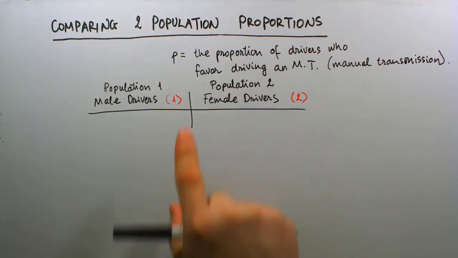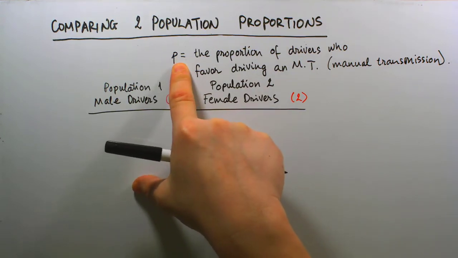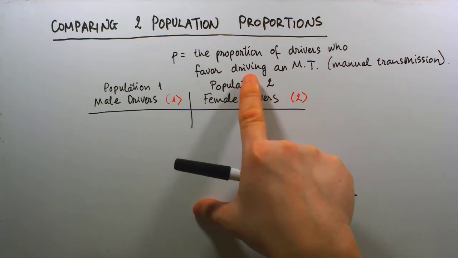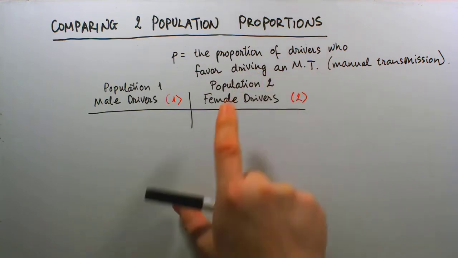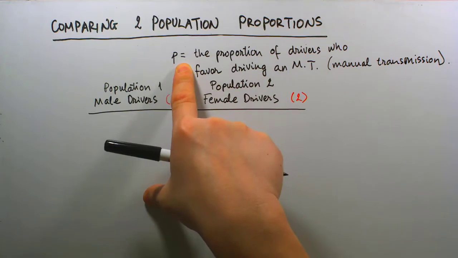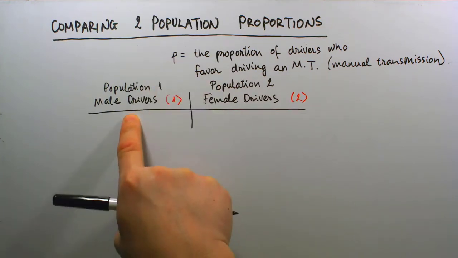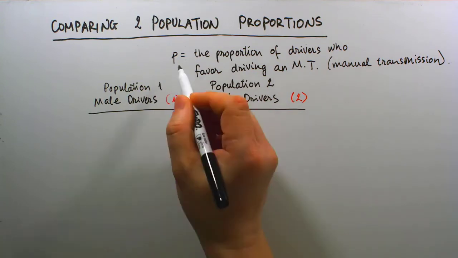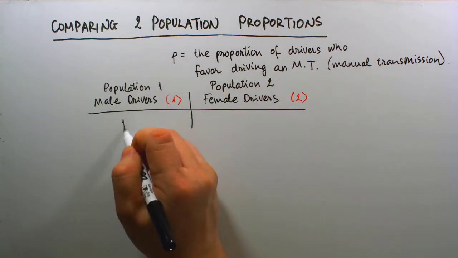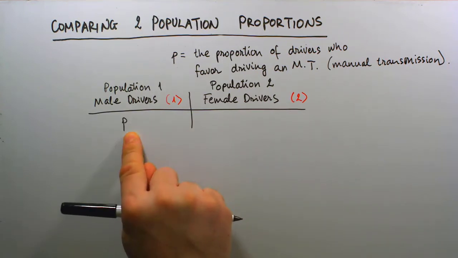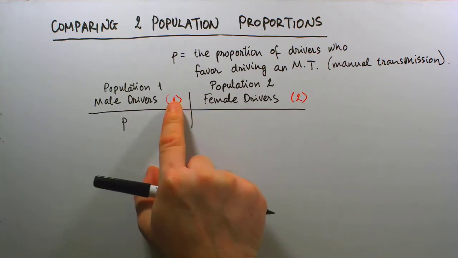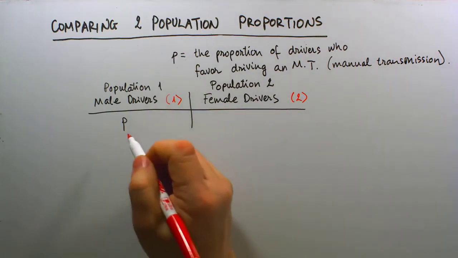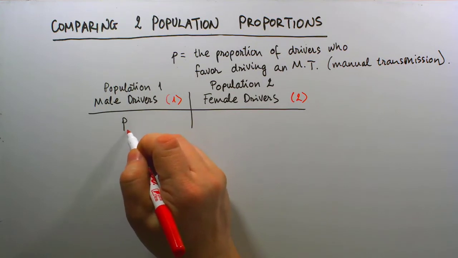And now, as I said earlier, this same general population proportion of drivers who favor driving a manual transmission, if we specifically study that population proportion within population 1, then here's the next usefulness. The same population proportion, lowercase letter p, but now if we're studying that within population 1, then at any point in our work, we would refer to it as p1.